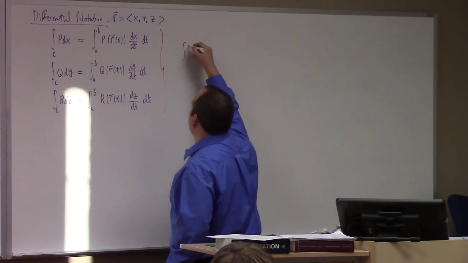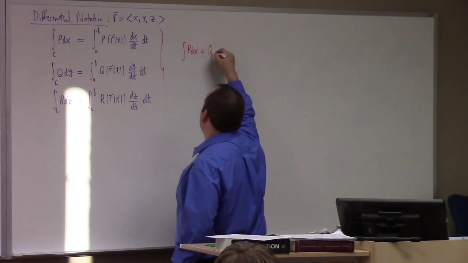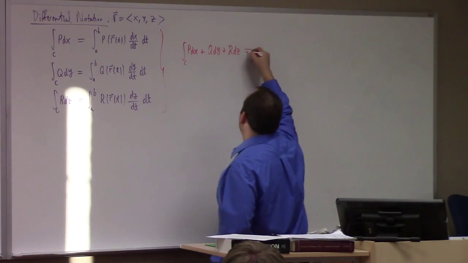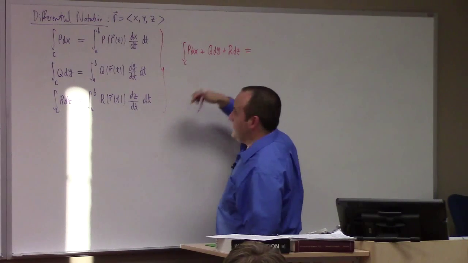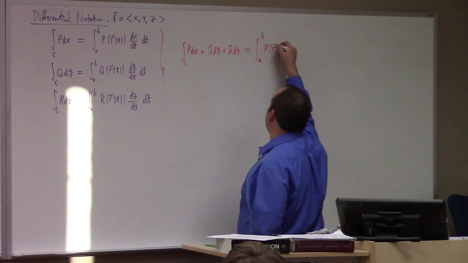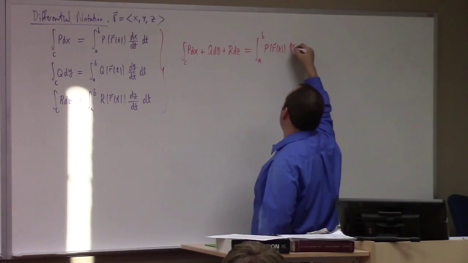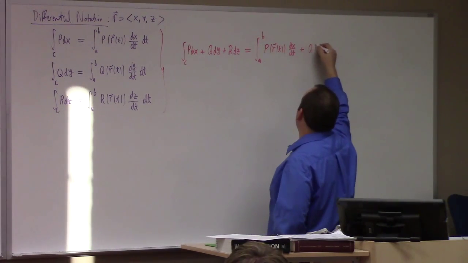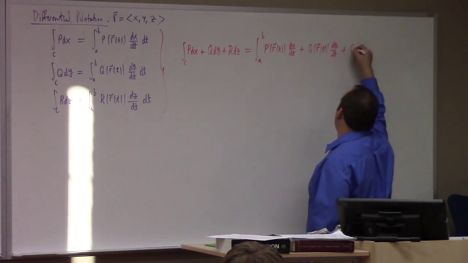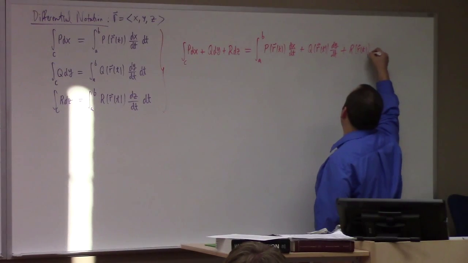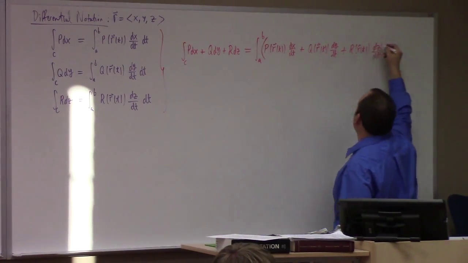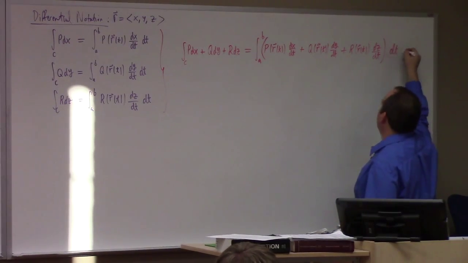If we have the integral of p dx plus q dy plus r dz over c, adding these in the natural way gives me the following: integral from a to b of p of r of t dx dt plus q of r of t dy dt plus r of r of t, so much writing, dz dt, big parentheses, dt.